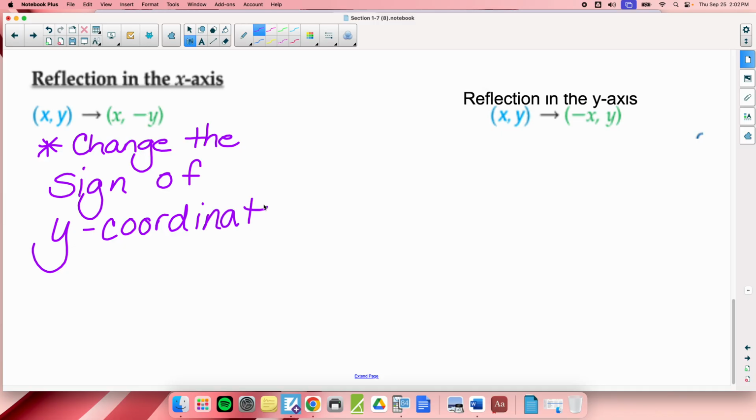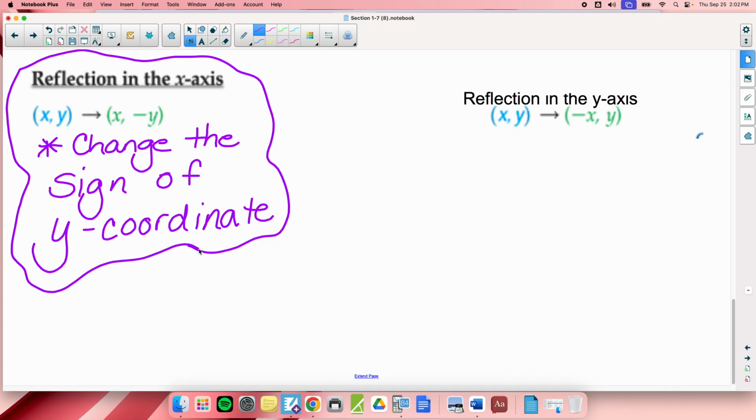Somewhere on your sheet write this, okay? And then we're also going to do this, and I'm going to put a note for this one.